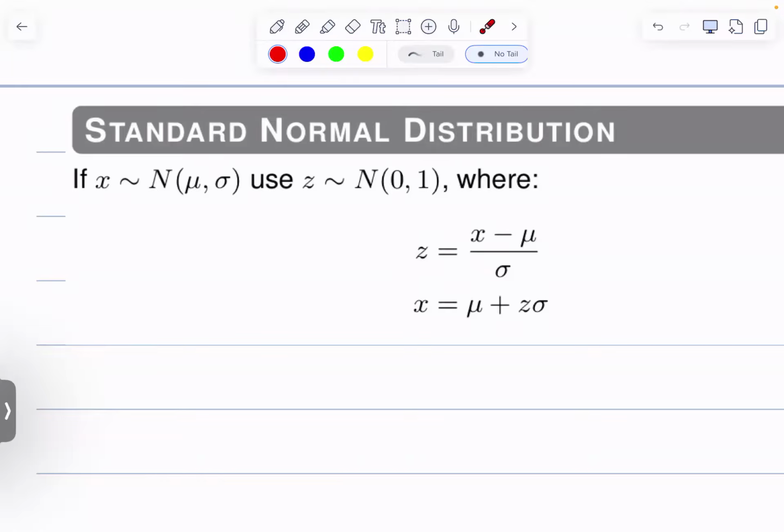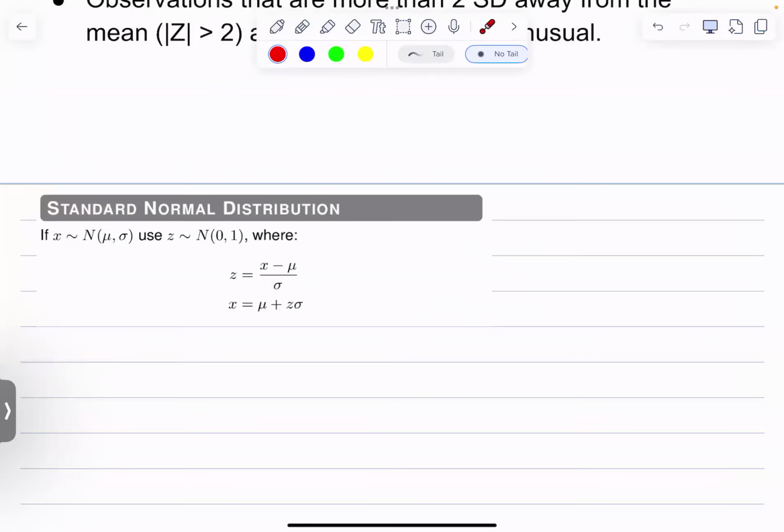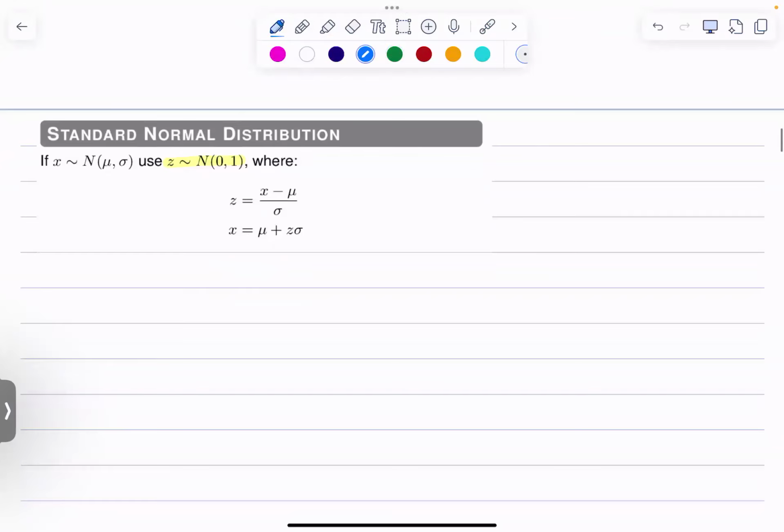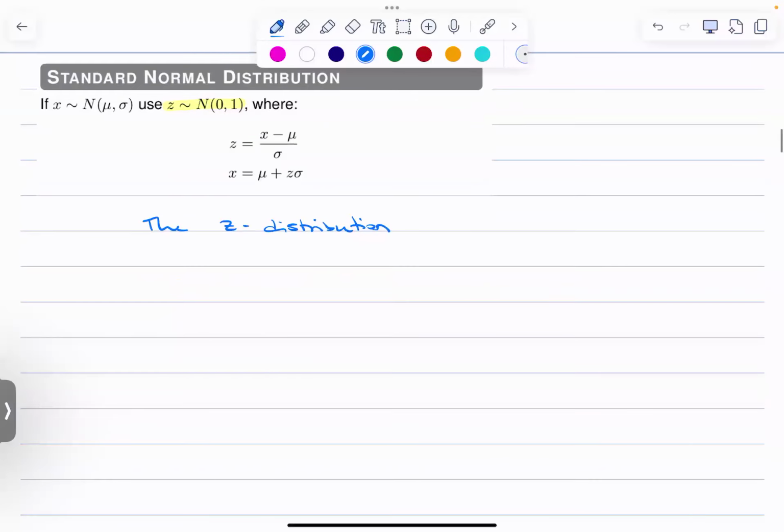And there will come a time when you want to solve for the X, but we'll parking lot that till probably next week. So here, what this means is that the Z distribution always looks like this.